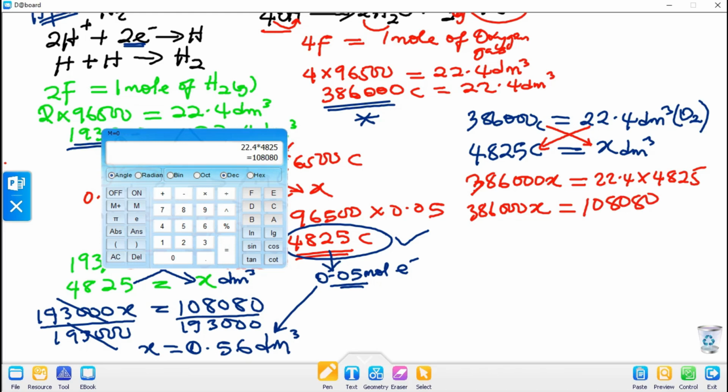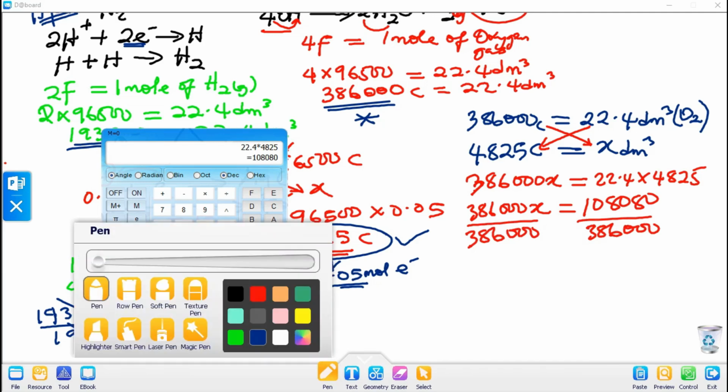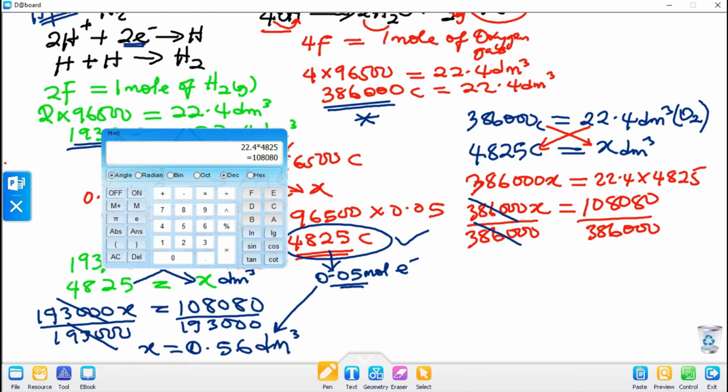So to get our x, we divide both sides by 386,000. So 386,000 takes care of 386,000. Therefore, our x will be 108080 divided by 386,000.